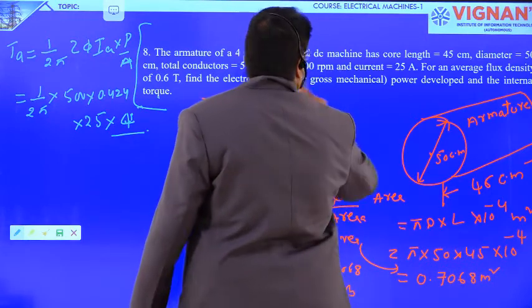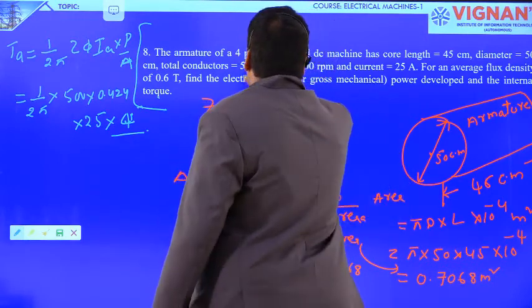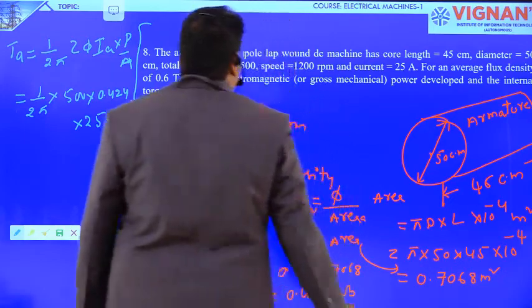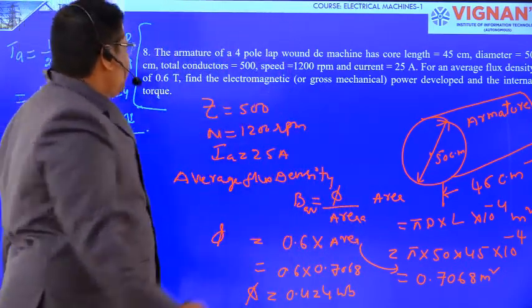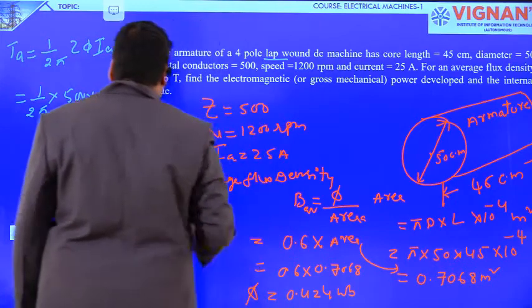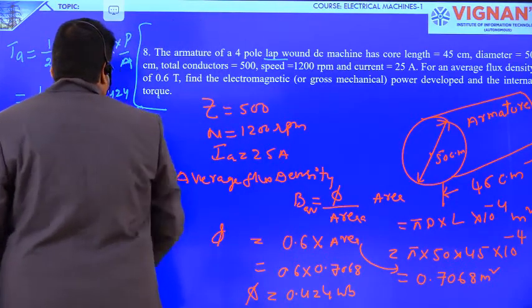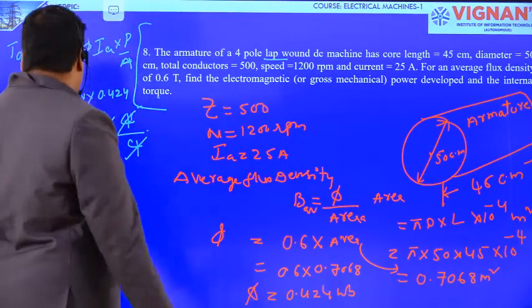See here, it is given that the armature of a 4 pole lap wound machine. It is given in the problem, lap wound, so A here is 4. This 4 gets cancelled.